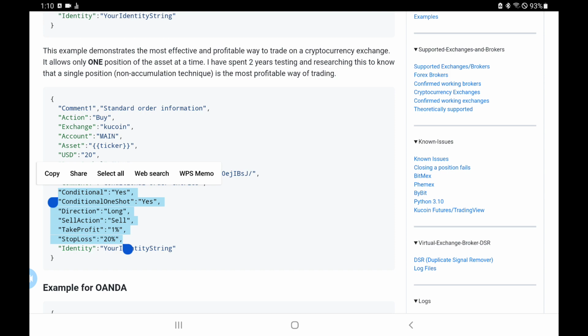This is really the best and most profitable way of dealing with cryptocurrency exchanges that don't explicitly use a direct accumulation approach like Jackrabbit TV. If you're going to use a stop loss, do not try to use accumulation at the same time, or it will turn out to be a very big hot mess. I spent 2 years studying this to analyze it to determine exactly why that is.